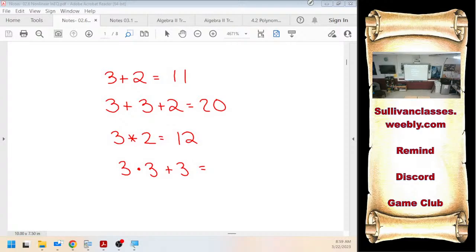This is base 4. So I go 1, 2, 3. There is no such number as 4. 10. I go to the next place value. 11, 12, 13. There is no such number as 4. 20. It's the next group of 4.